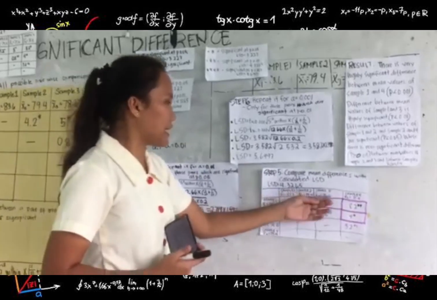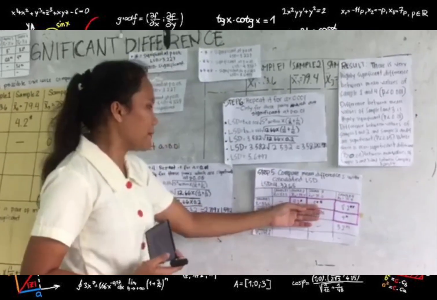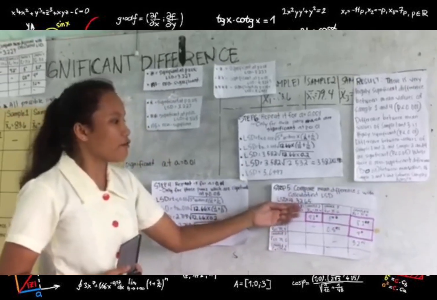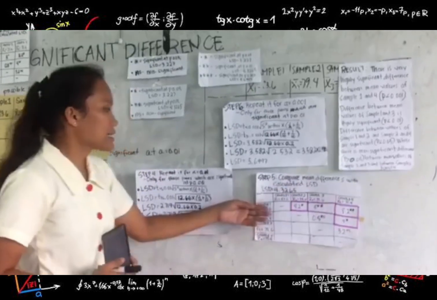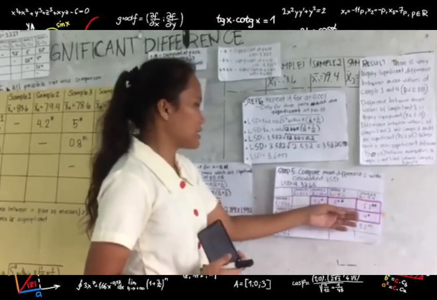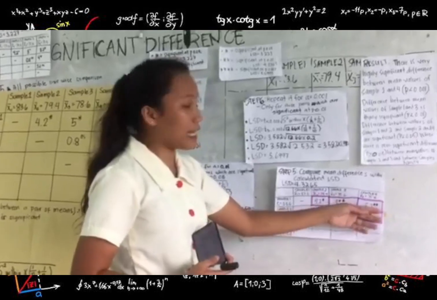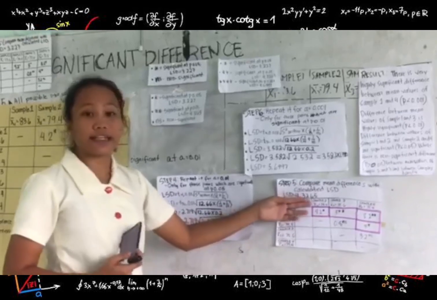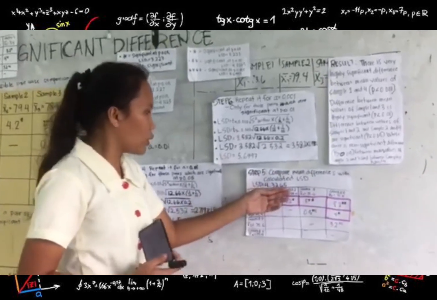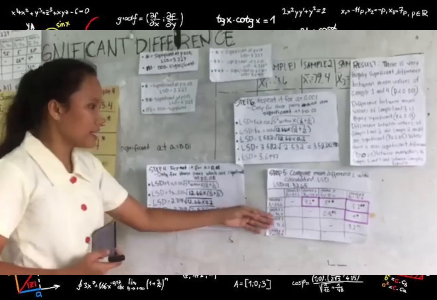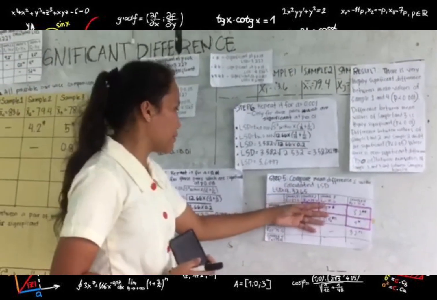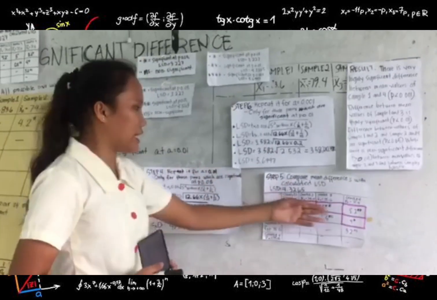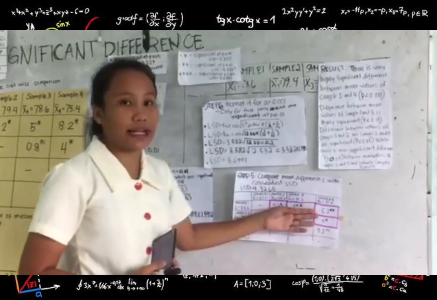Sample 1 and sample 3, which is 5, gets an asterisk because it is higher than 4.3265. Sample 1 and sample 4, which is 8.2, gets an asterisk because it is higher than the LSD of 4.3265. So here is the comparison of step 5 and step 3. Only two remain significant.